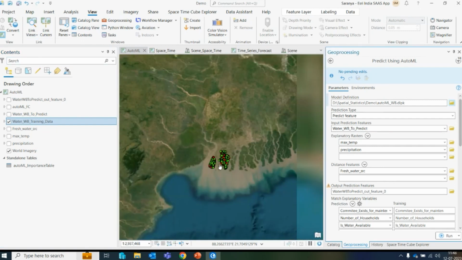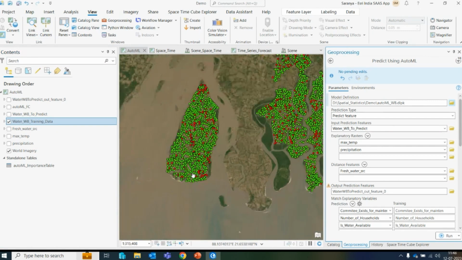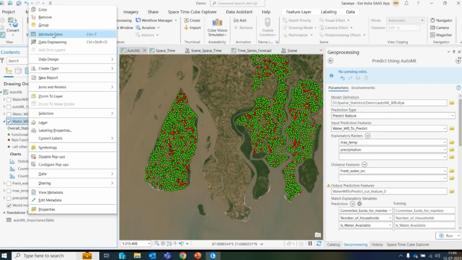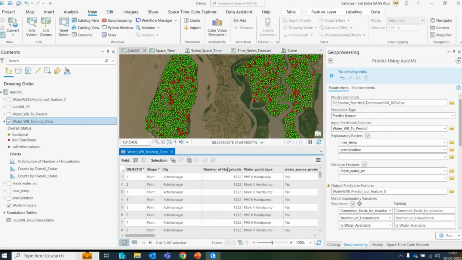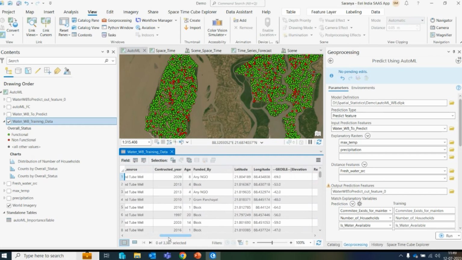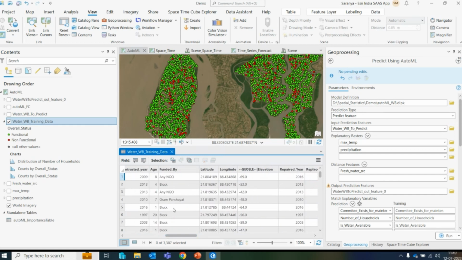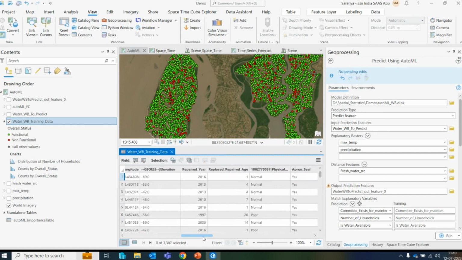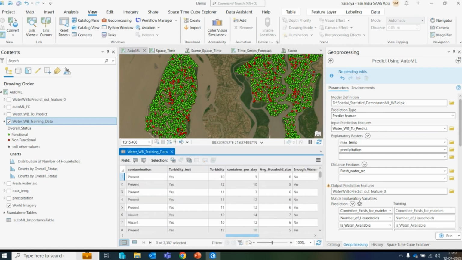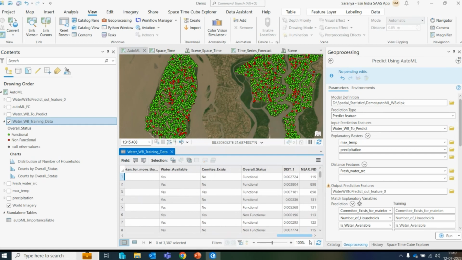Here in West Bengal, I have information about water pumps and whether they are functional or not. This data set has several explanatory variables like how many households there are, the year of construction, the age of those particular water pumps, and the water quality or turbidity levels. So it has multiple information.